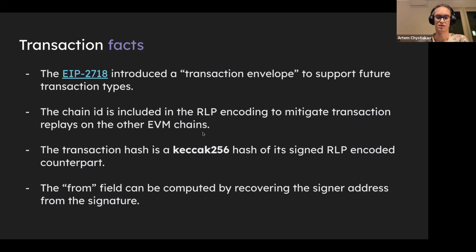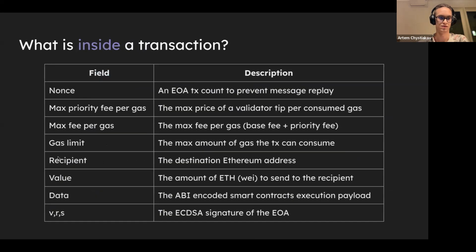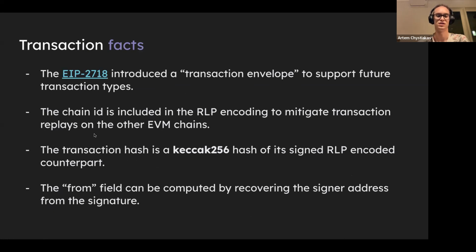In the transaction structure there is no chain ID, but the chain ID is included in the encoding itself, which mitigates the replay. This inclusion of chain ID was introduced in a separate EIP and wasn't a part of the original Ethereum, because when Ethereum launched, it was the only EVM blockchain in existence.